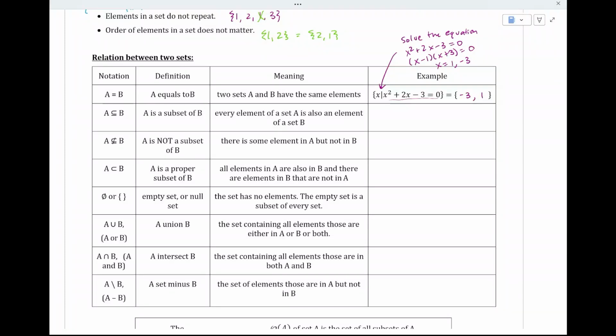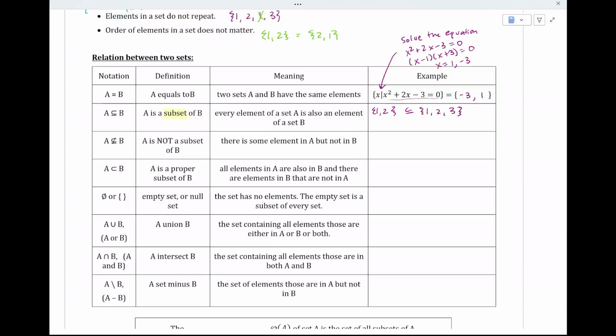Next up is subset. A is a subset of B if every element of set A is also an element of set B. So let's say {1, 2} is a subset of {1, 2, 3}, because all the elements of this left-hand set are in the right-hand set.